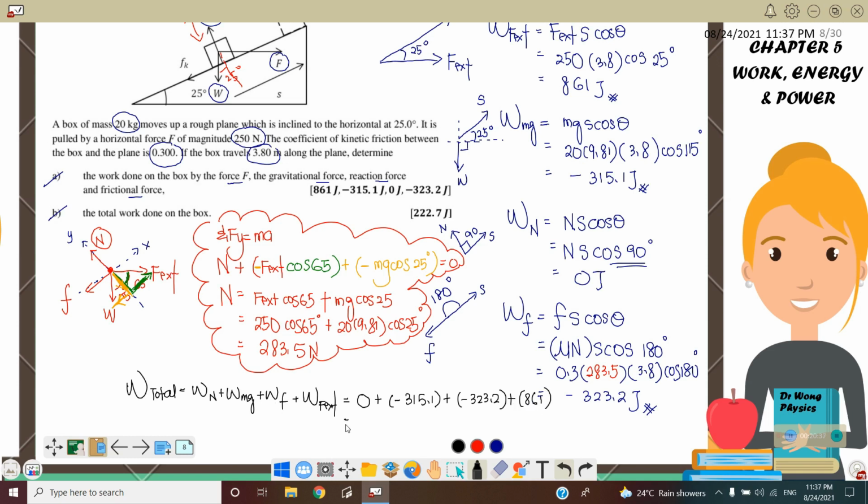Totaling up all the values, you will get 222.7 joule. This is the answer for question number 3.